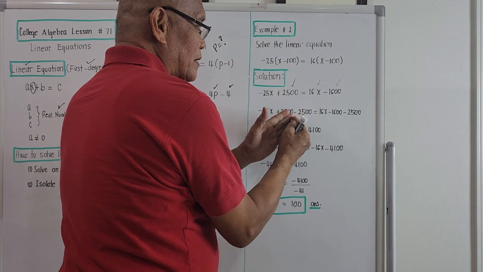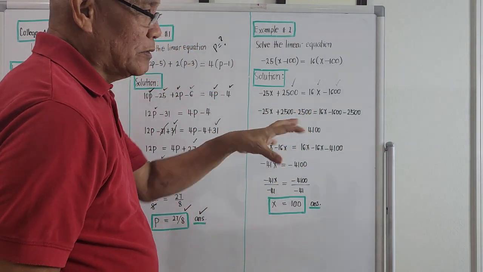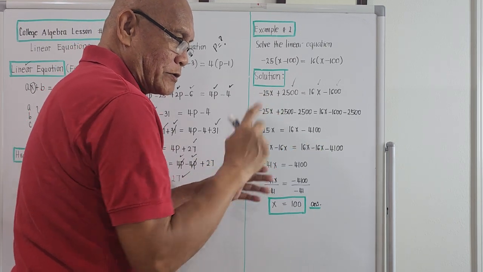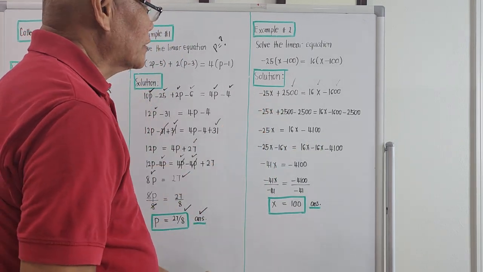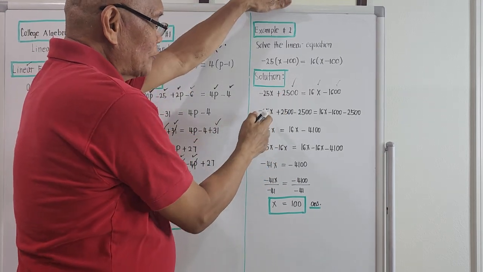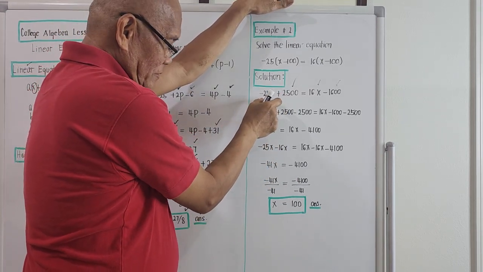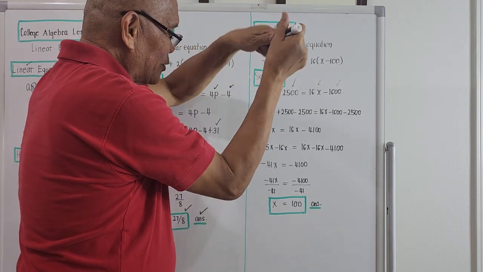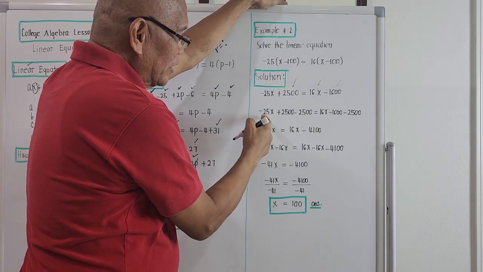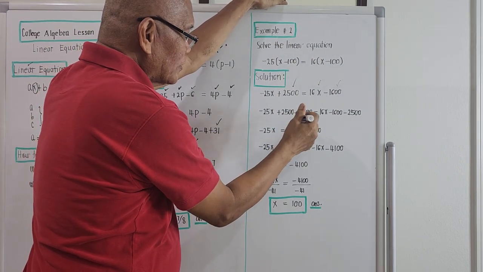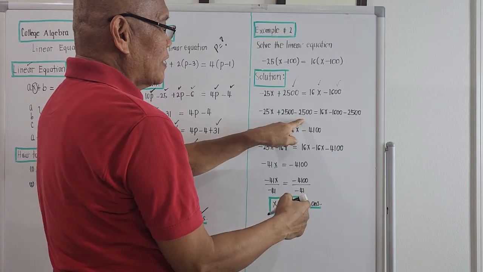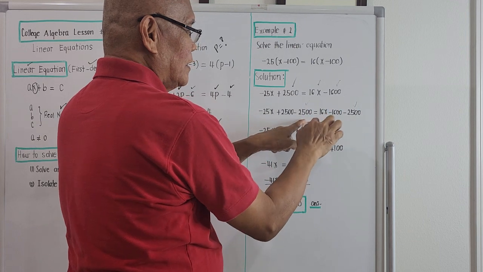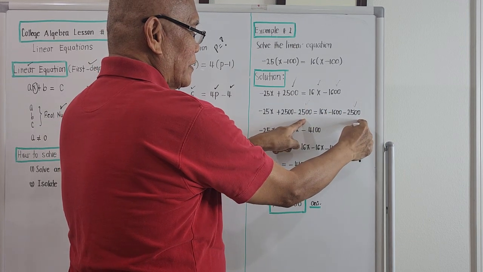We don't touch the right hand side yet. We will clear out first the left hand side of any constant. Okay. There is a constant on the left hand side, right? 2500. So for this to be free of any constant, we must have to eliminate this one, right? So what do we do? We rewrite this one. We subtract 2500. We subtract it also on the right, so we don't change the value of the equation, right? Negative 2500, negative 2500.